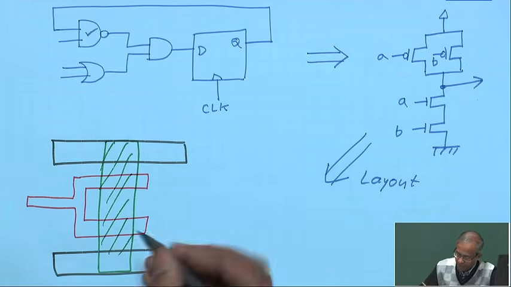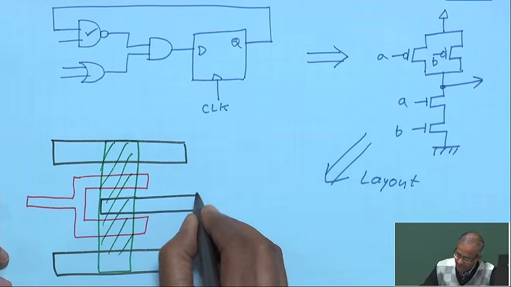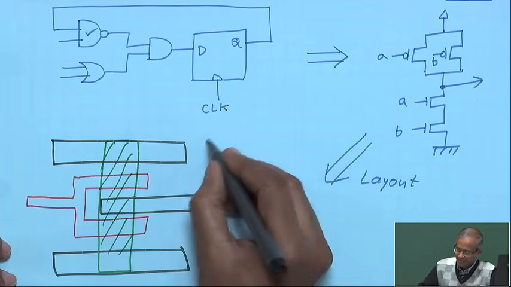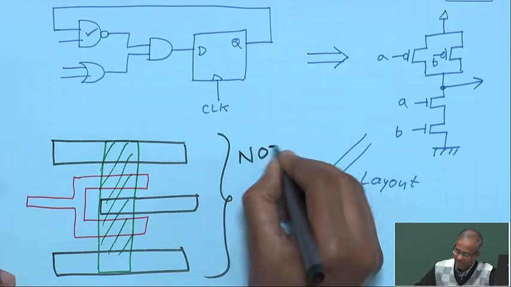And the output you can possibly take from here through some connection or contact. So, this is a very rough sketch of a CMOS NOT gate.